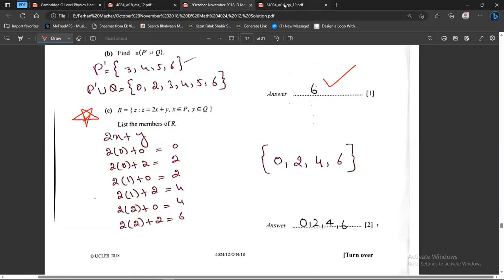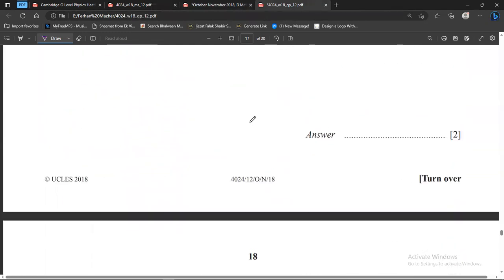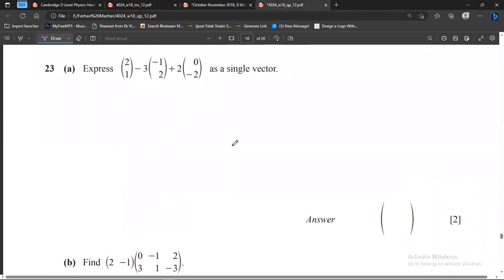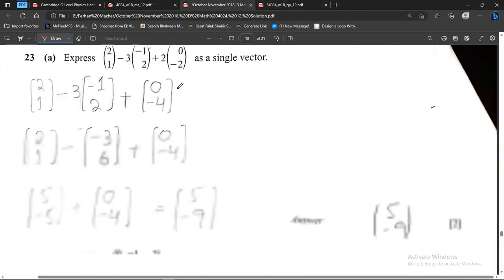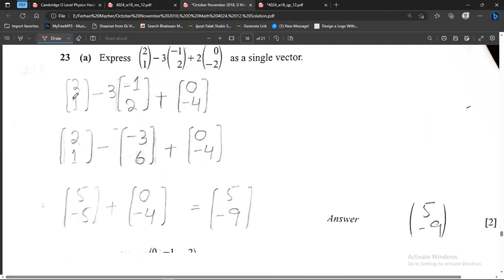Okay, now we are going to the next question, question number 23. He says express 2, 1 minus 3, minus 1, 2 plus 2 into 0, minus 2 as a single vector. It's a very simple, straightforward plus and minus question, but this is the plus and minus of matrices. So you will have 2, 1 minus 3, minus 1, 2 plus 0, minus 4. Don't take this negative inside.